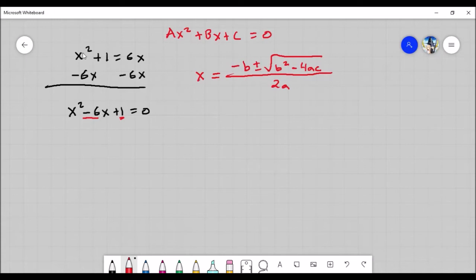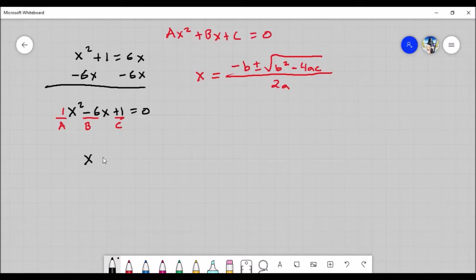So we know what a, b, and c are. A is the understood 1, b is the negative 6, and c is the plus 1. So we just plug it into the formula and make sure our arithmetic and computation is correct when we solve.